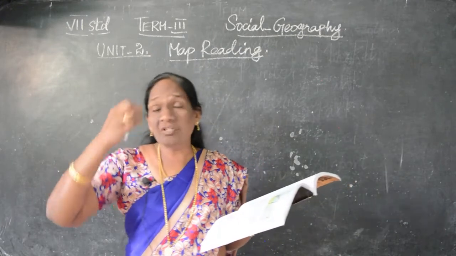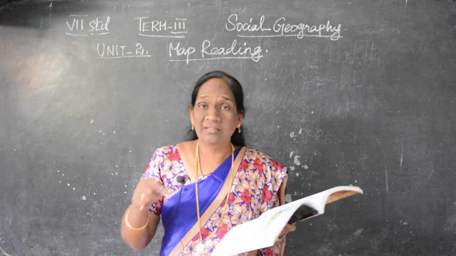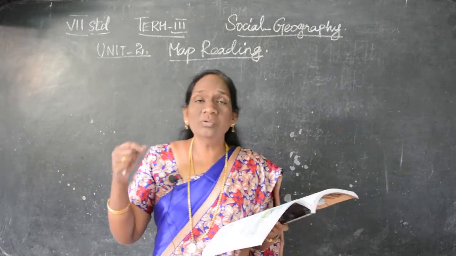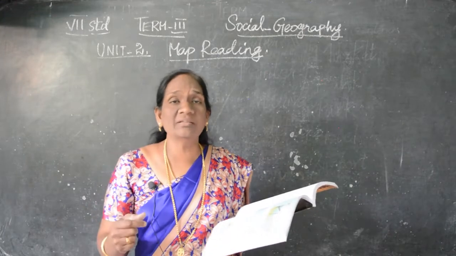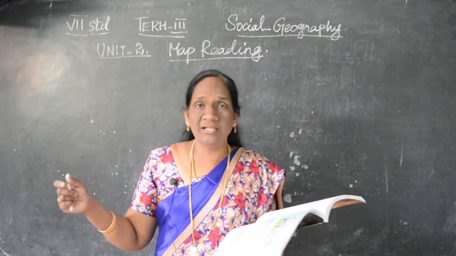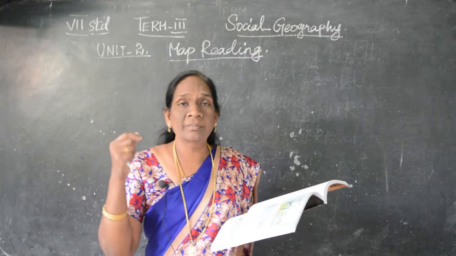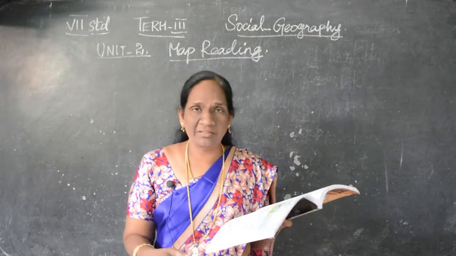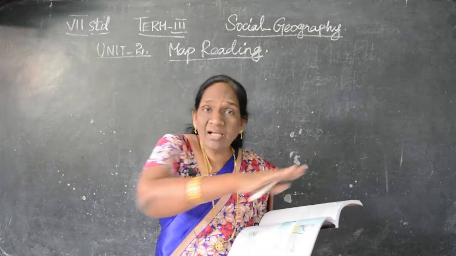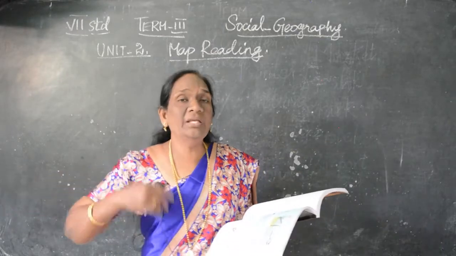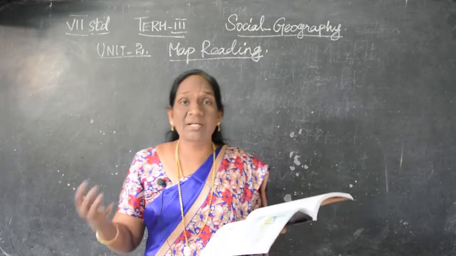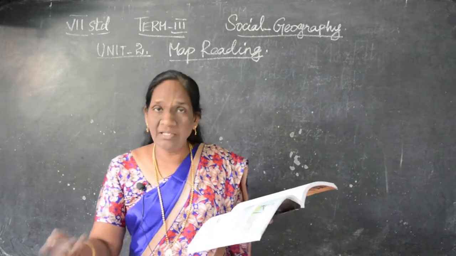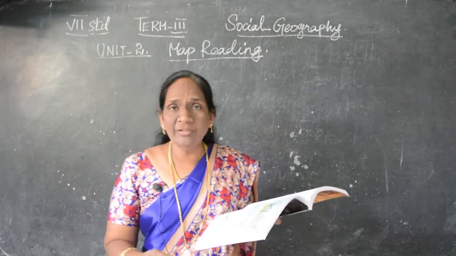So the map makers, the cartographers, they are using the map scale to draw the countries, continents, states, understand, districts, everything, on a flat surface. It may be on paper, it may be on papyrus, or else skin of the animals; they have drawn on all of those also. Can you able to follow then?